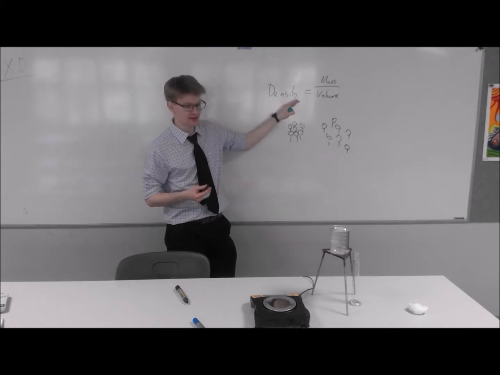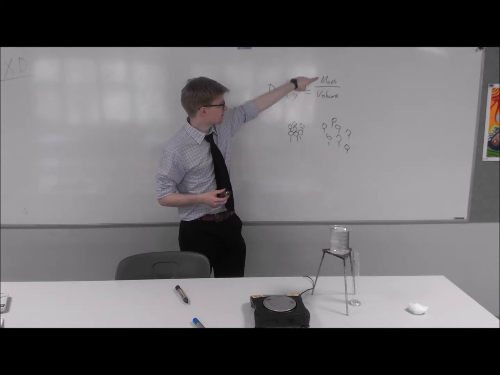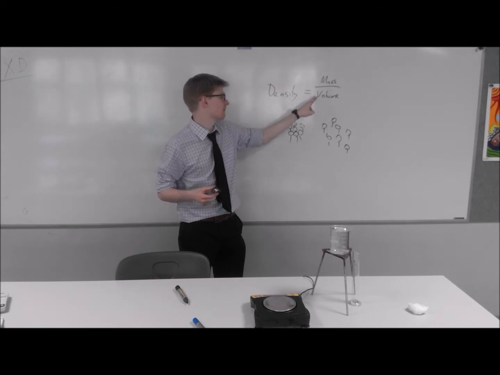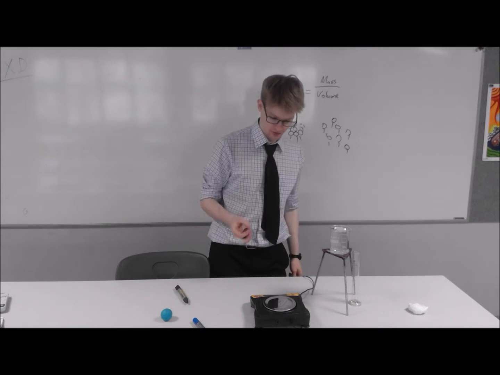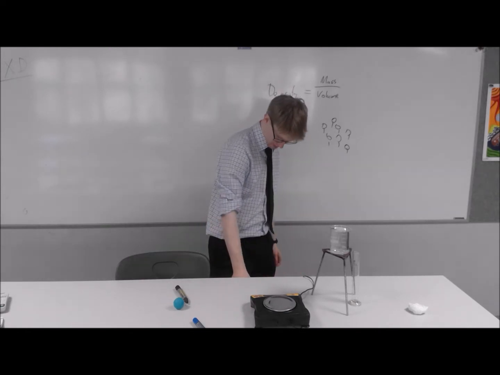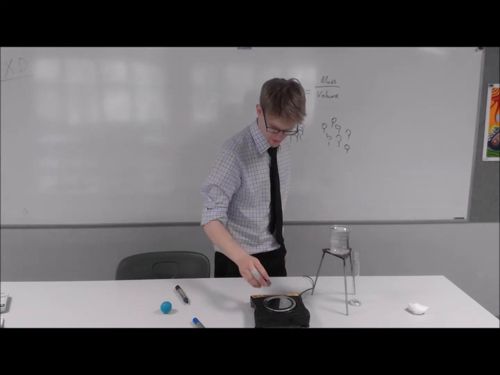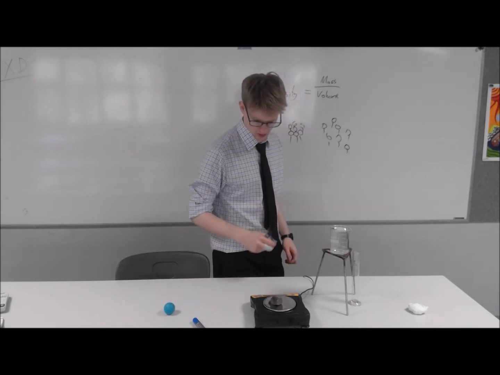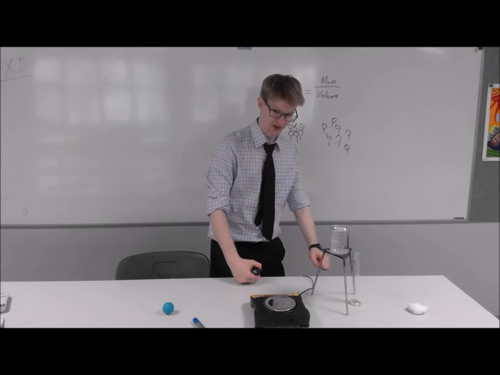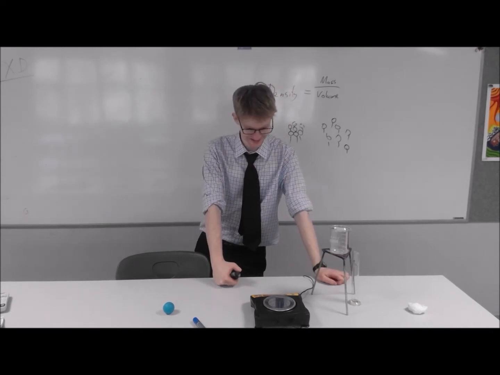To work out the density of an object, we need to take the mass and divide it by the volume. So I'm gonna calculate the mass of this rock right here. Let me turn on this thing. Oh, it's got to zero out itself. Give me a moment.